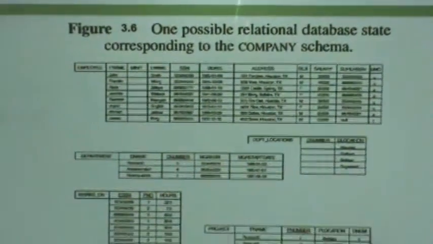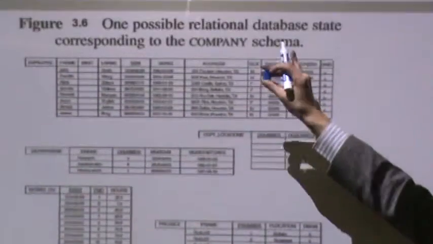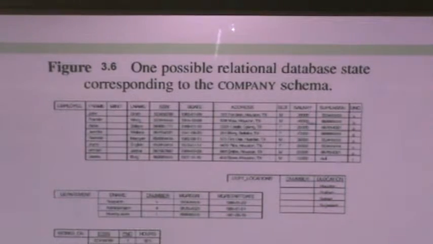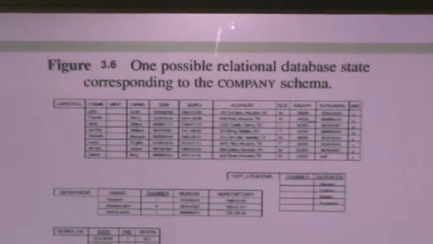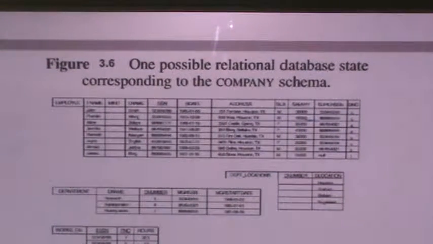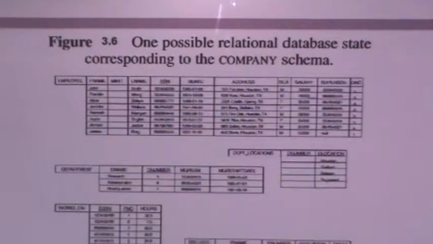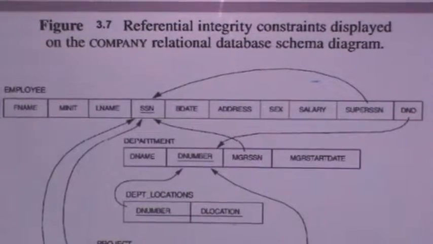These data follow such constraints. Then this is called the company database state. That's our goal. Do you remember, database state means database schema plus sample data instances. So this is our goal to create. This is the final output.